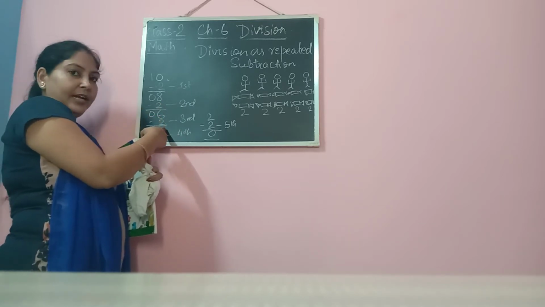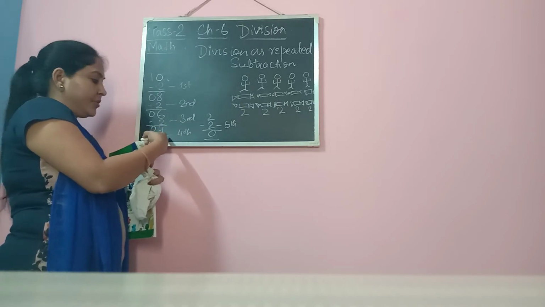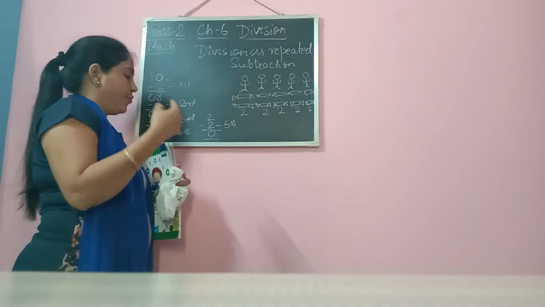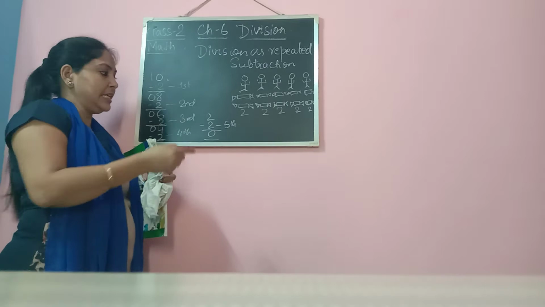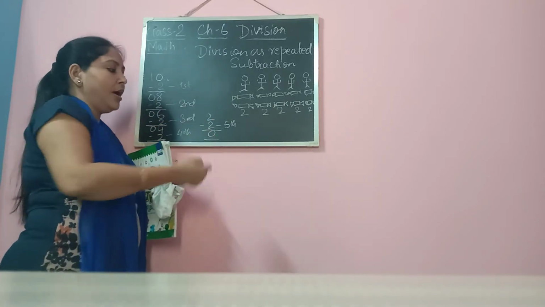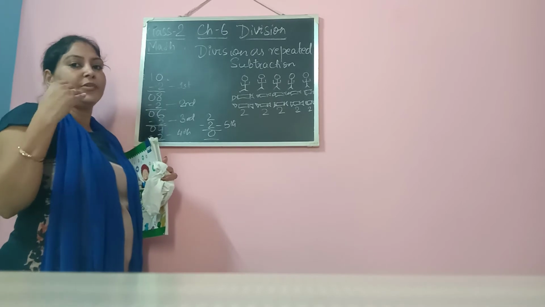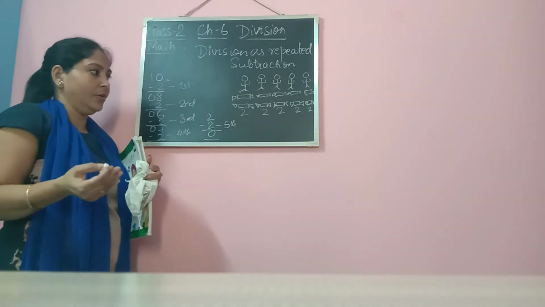Then again I gave to the third child. 4 toffees were left. Then when I gave 2 toffees to the fourth child, again 2 toffees were left. Then those 2 toffees I gave to the fifth child. And now I have 0. That means I have divided all the 10 toffees equally among the 5 children.